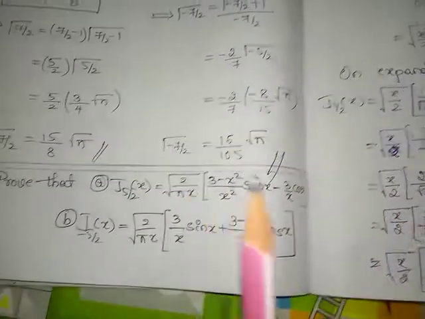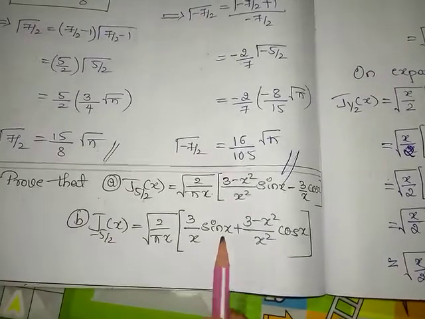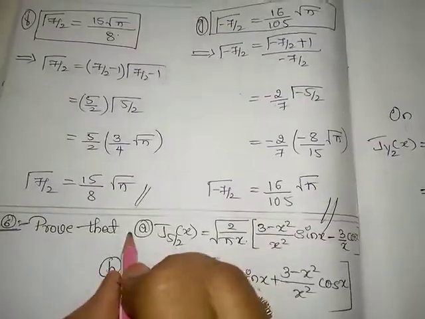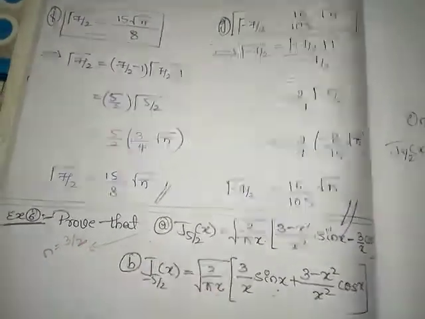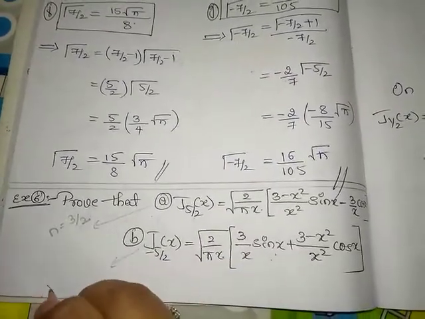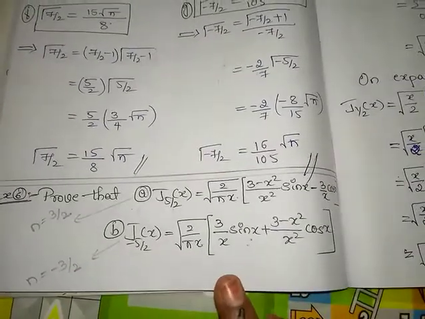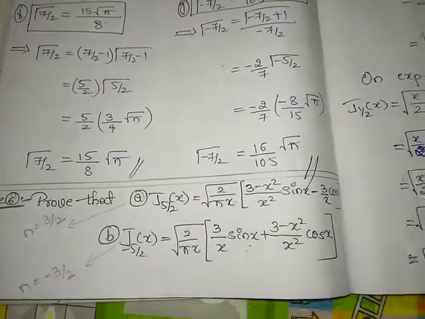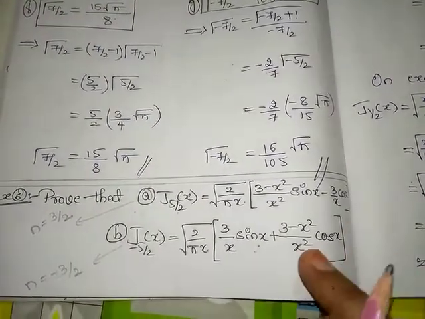Similarly, you can use the J_{3/2}(x) and J_{-3/2}(x) results in these examples. For this one, use n as 3/2 to get J_{5/2}(x), and for this one substitute n equal to −3/2. You will get J_{-5/2}(x). Substitute the J_{3/2}(x) and J_{-3/2}(x) results here.